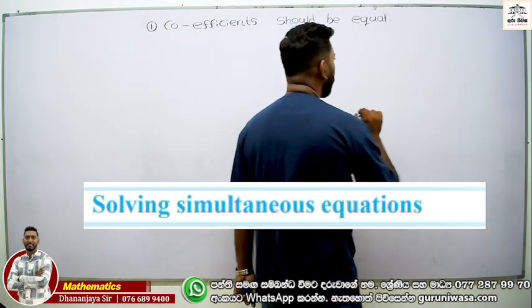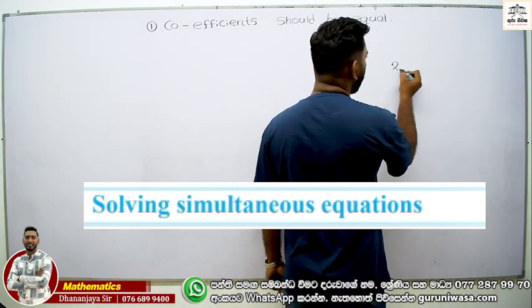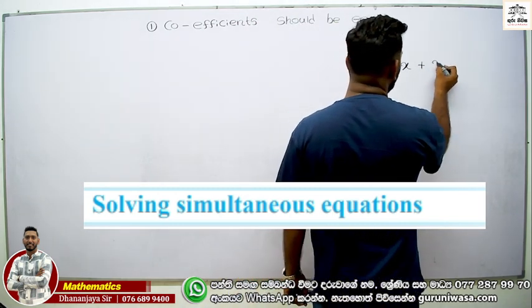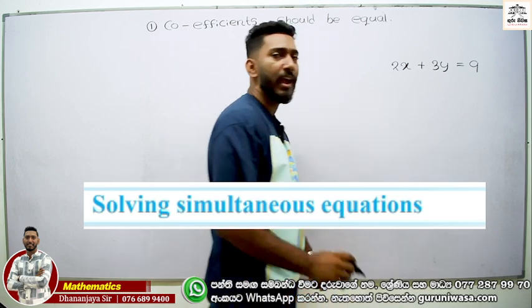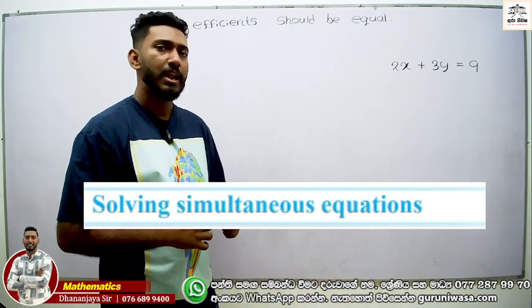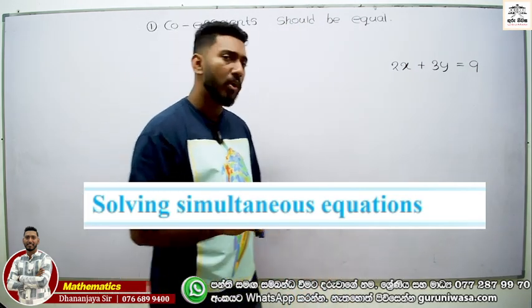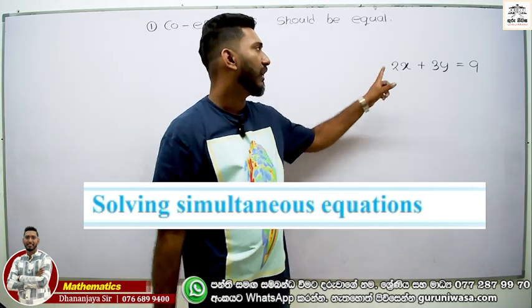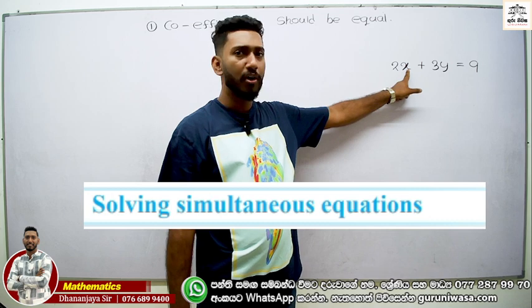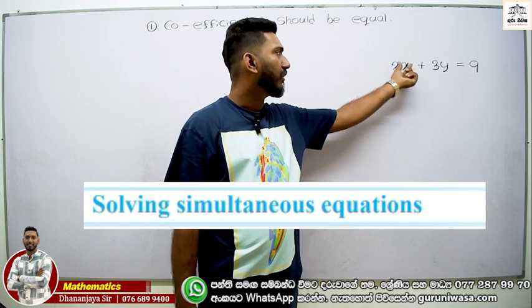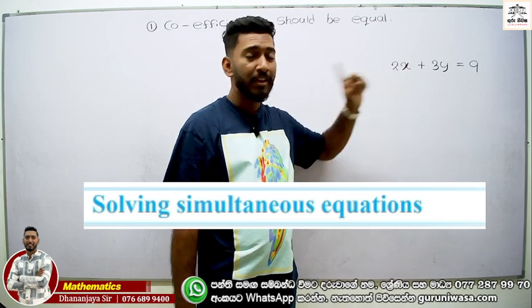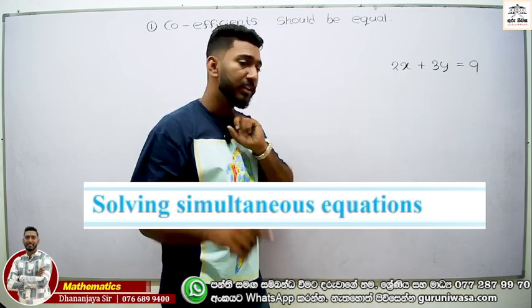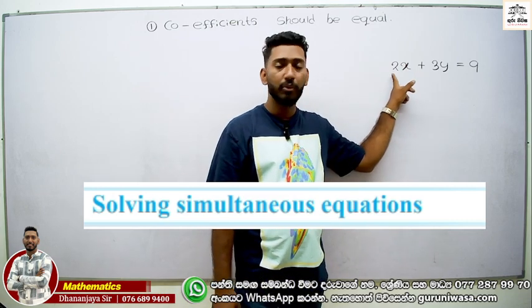Now tell me, we have an equation like this: 2x plus 3y equals 9. Now they have two unknown terms. Coefficients: x is an unknown term and the multiplier in front of it is 2. 2 times x. Therefore, the coefficient of x is 2.